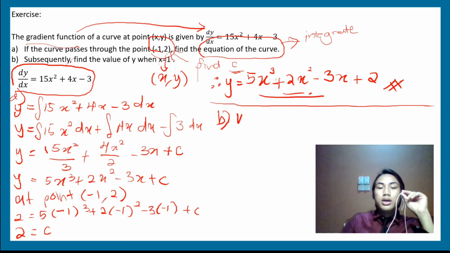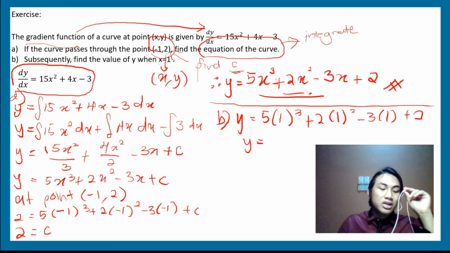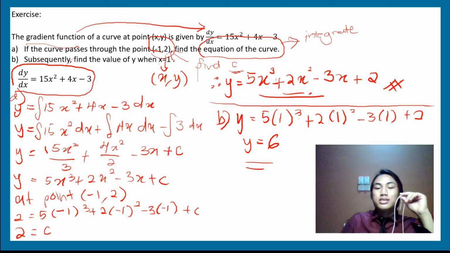So y equal to 5(1) cubed plus 2(1) squared minus 3(1) plus 2. Using your calculator, you will get the answer y equal to 6. That's it, so that is the final answer.